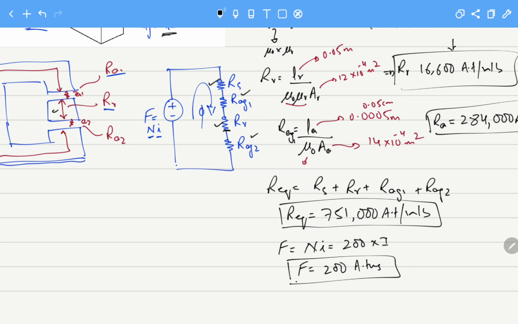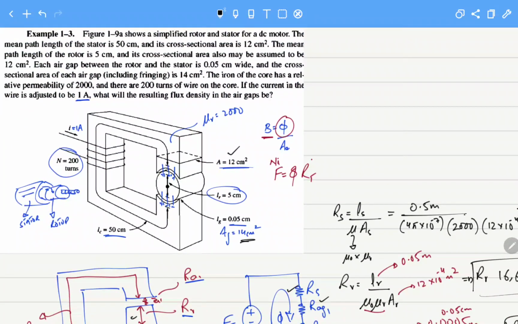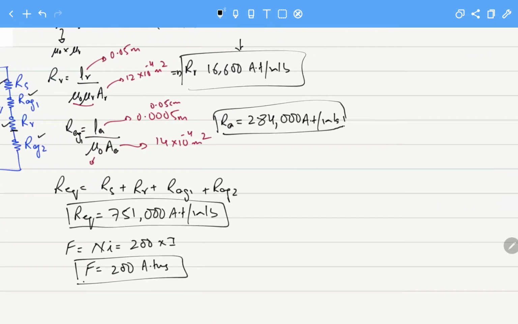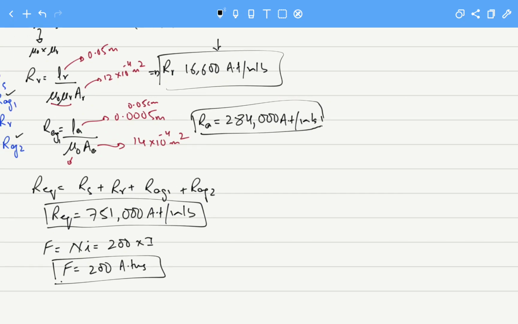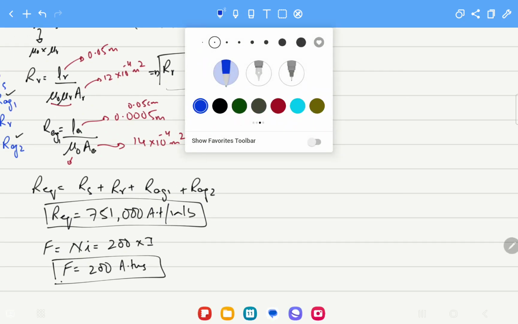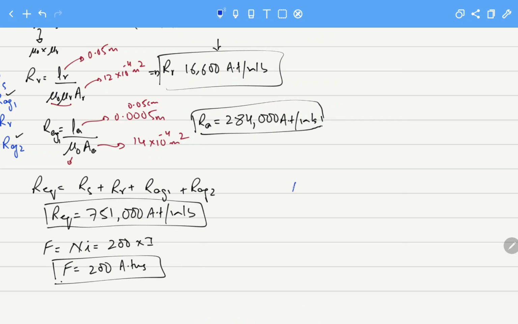Now we have to calculate, as I told you, what was the main question? Resulting flux density. To calculate the flux density in the air gap, we have to calculate the flux. Flux we can calculate very easily because we have all the necessary values. So we know that F equals flux times R total.